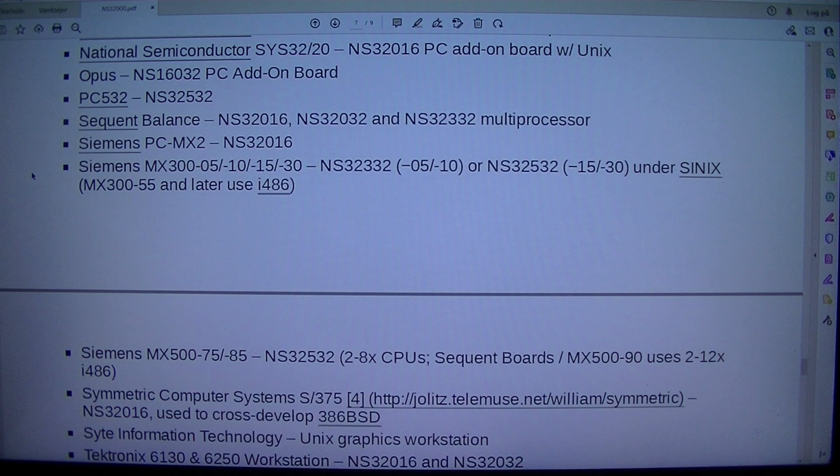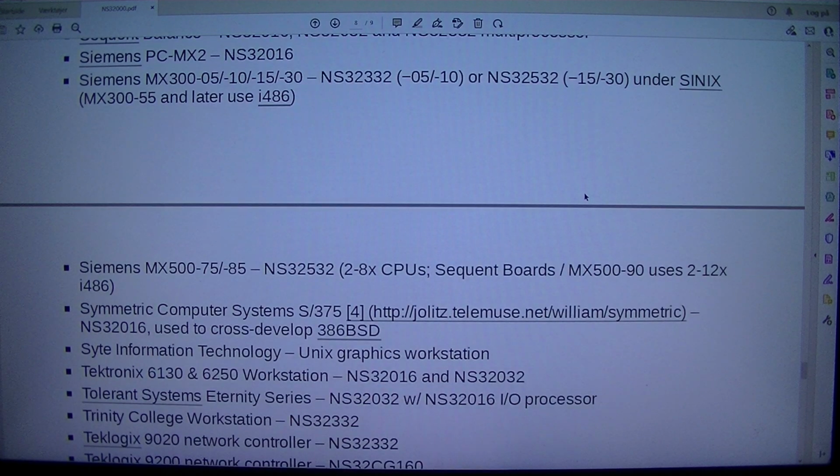Siemens PC-MX2 NS32016. Siemens MX300-05/10/15/30 NS32332 05/10 or NS32532 15/30 under Synix, MX300-55 and later use i486.